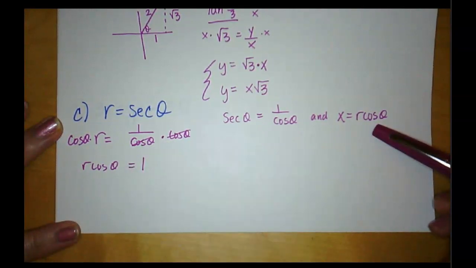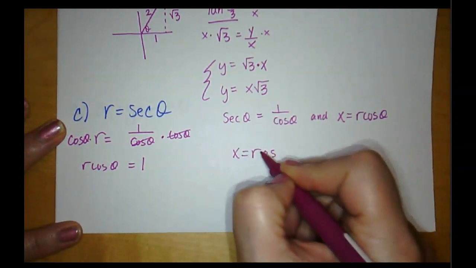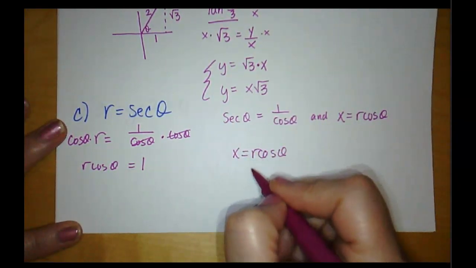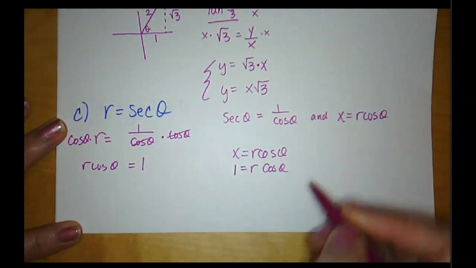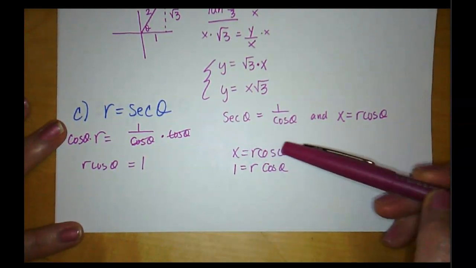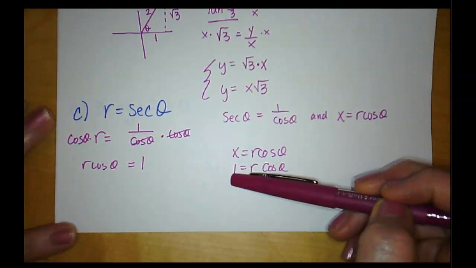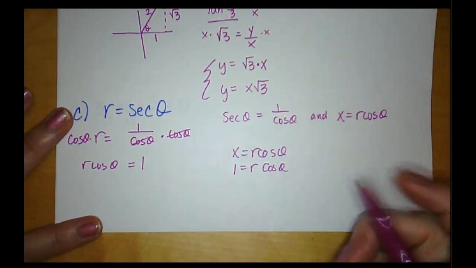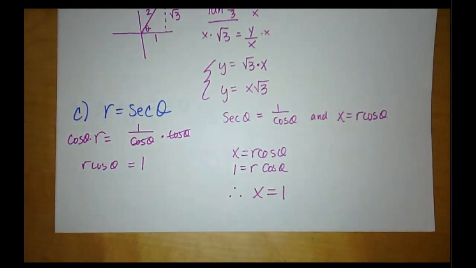Well, remember our conversion factor is x equals r cosine theta, and we now have 1 equals r cosine theta. So using our equality with our equation, if this is r cosine theta and it equals x, and this is r cosine theta and equals 1, then what must be true? Well, therefore we know x can equal 1. And that becomes our rectangular equation.